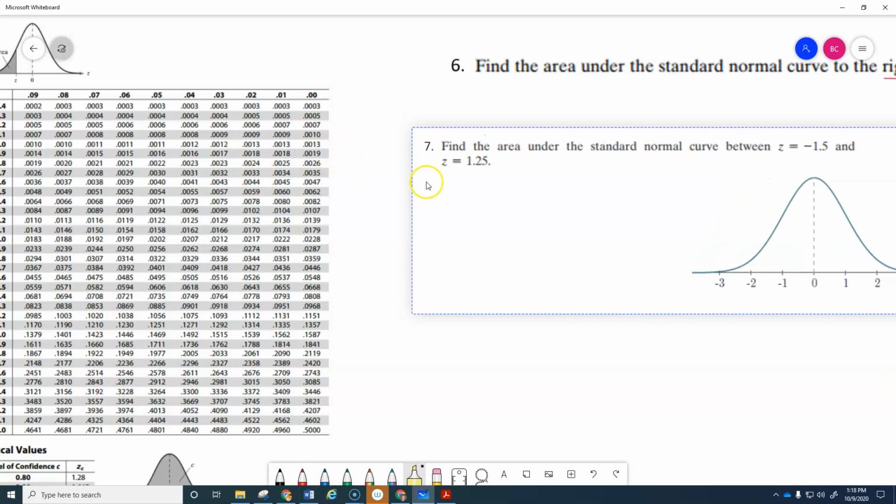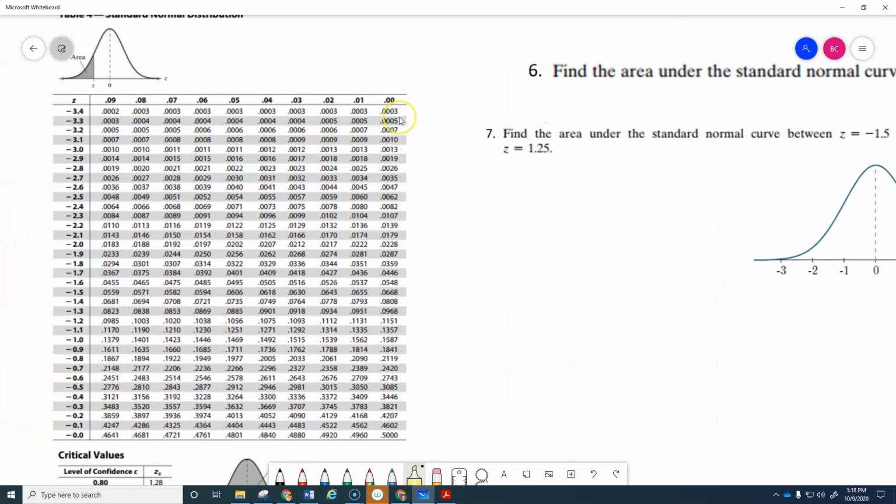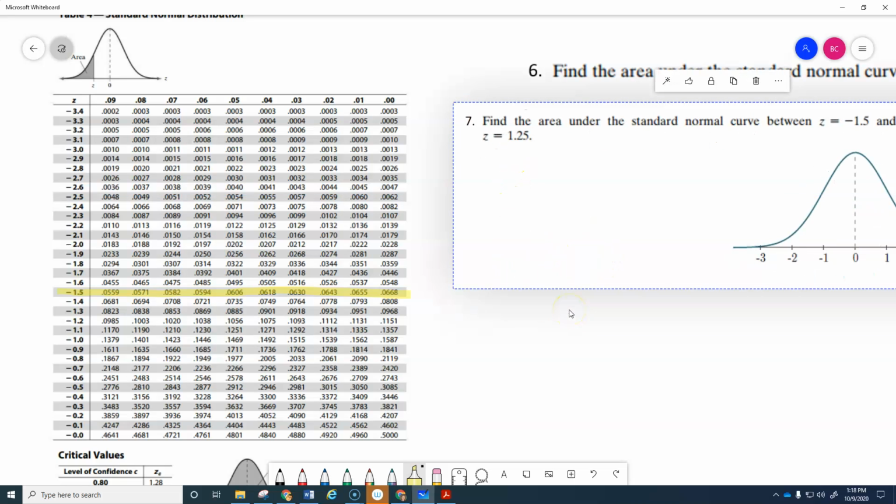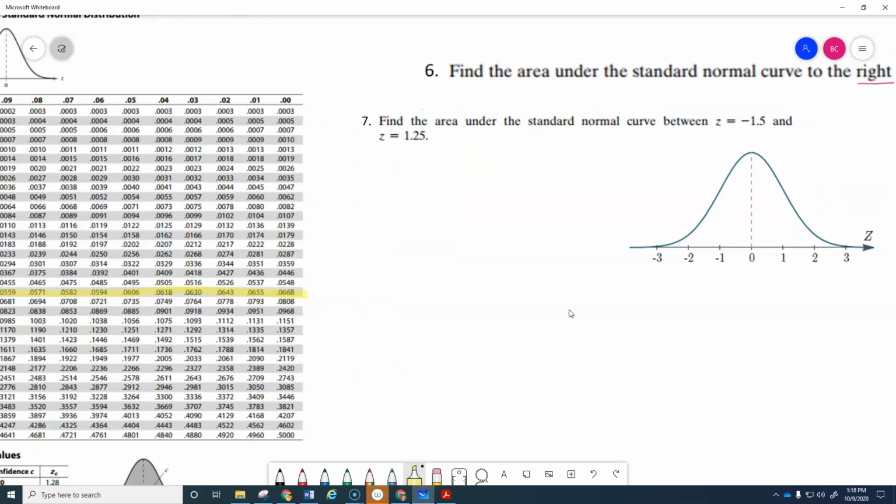Negative 1.5, that's this row. And 1.5 what? Just negative 1.5. Okay, so negative 1.5, 0.